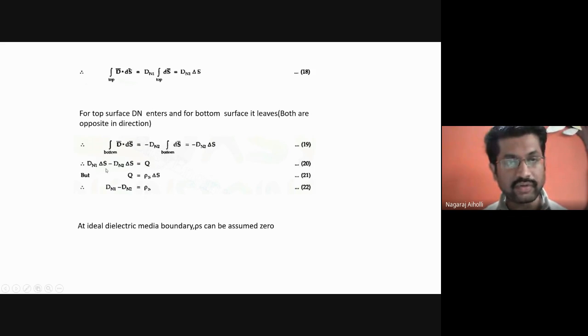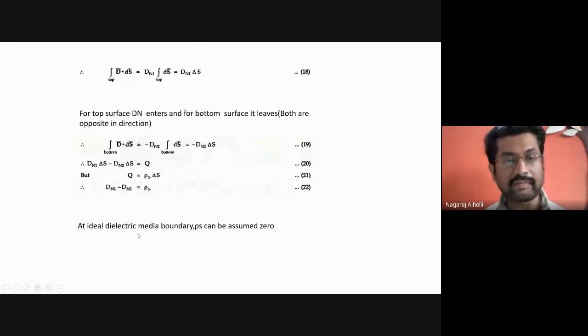Therefore, Dn1 delta s minus Dn2 delta s is equal to q, but q is rho s delta s. Delta s on the LHS and delta s on the RHS will cancel, and what will remain? Dn1 minus Dn2 is equal to rho s.